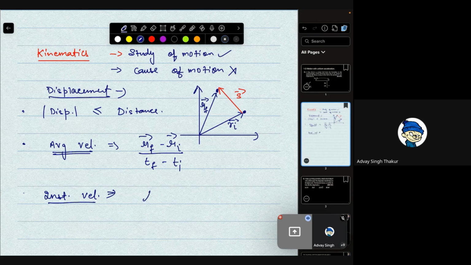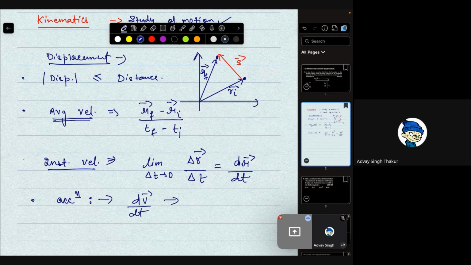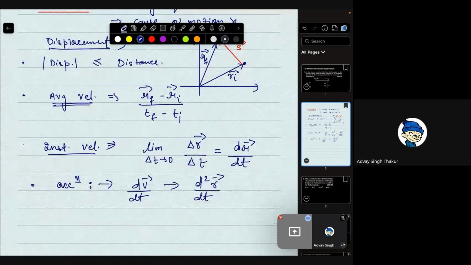It is when this time interval delta t is tending to 0, that means the time interval is very small, then we can write instantaneous velocity like this, which is also written as dr by dt. Similarly, acceleration is dv by dt, or you can say d square r by dt square. So we have introduced the basic terms.